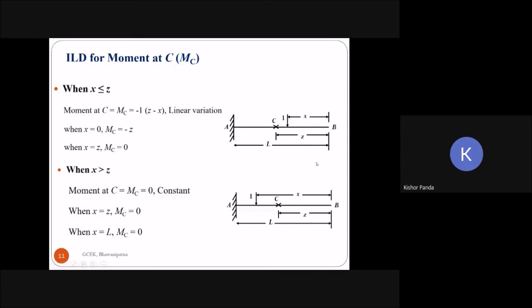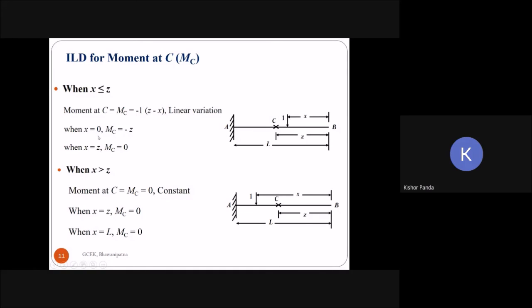Then you have to find out what is the MC value when X is equal to 0 and what is the MC value when X is equal to Z. That is, when the unit load is present at B, what is MC? When the unit load is present at C, what is MC?